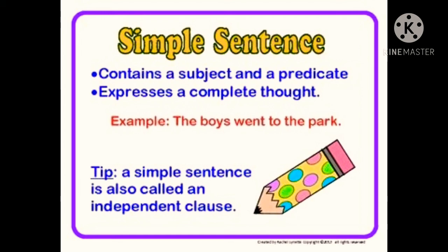Basically, it contains a subject and a predicate and it expresses a complete thought. For example, the boys went to the park. It is as simple as you can speak a general sentence, just like an assertive sentence. These simple sentences are independent clauses. You can see a simple sentence is also called an independent clause.